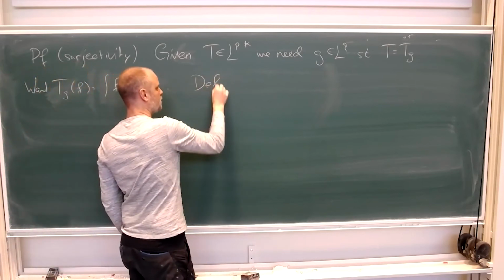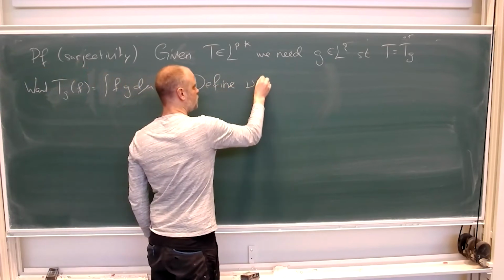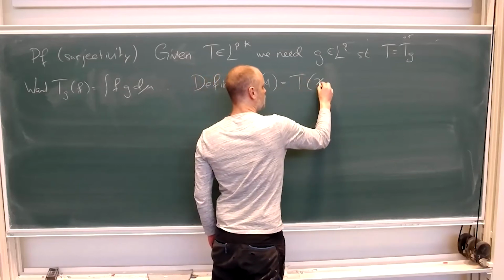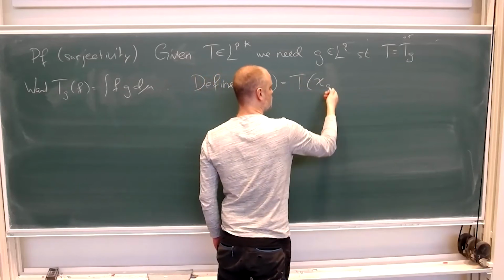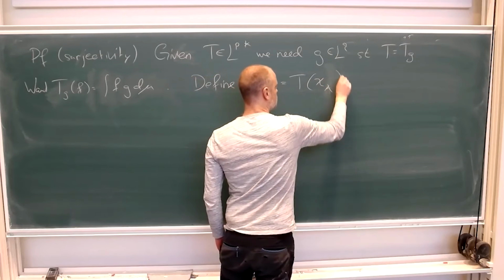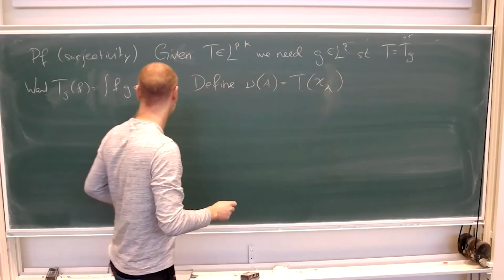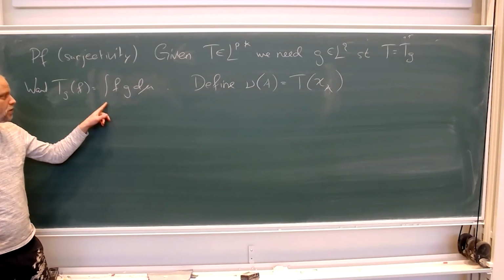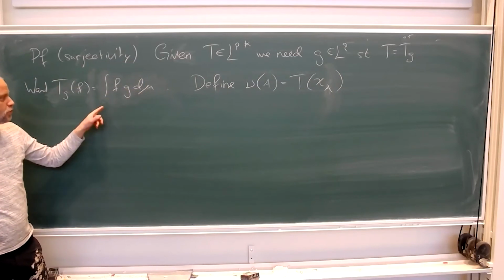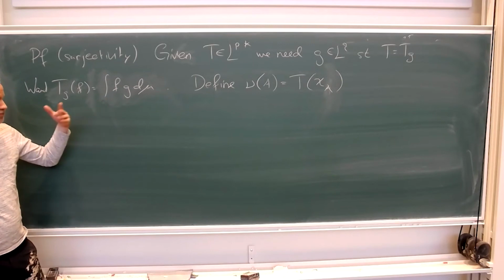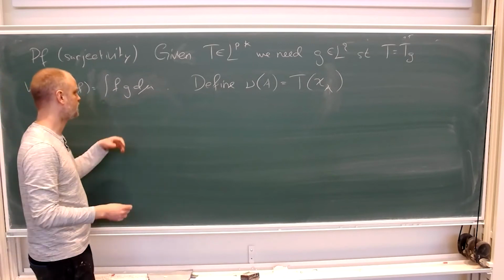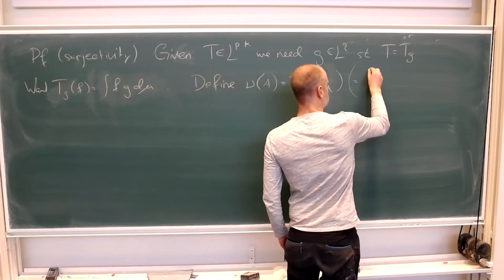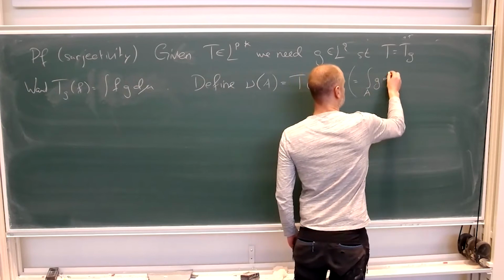We define a new measure mu of A by doing this. If we have such a formula, now I just get the integral of g d mu over the set A. Let me put this in parentheses then. Now I have an integral over A of g d mu.